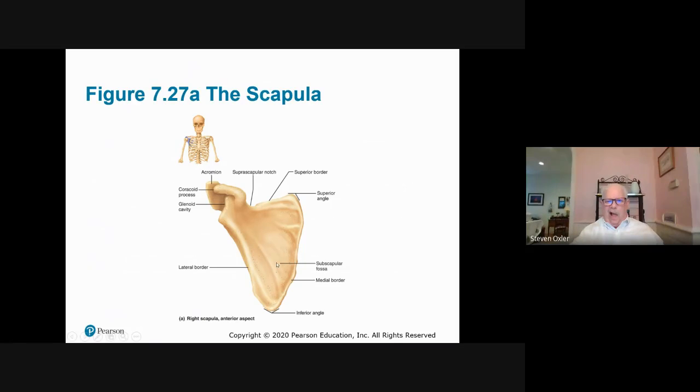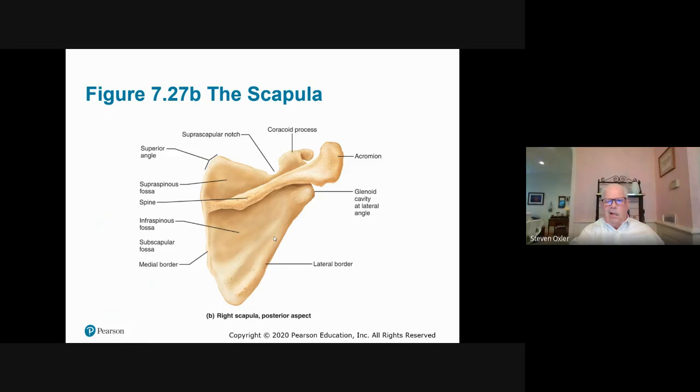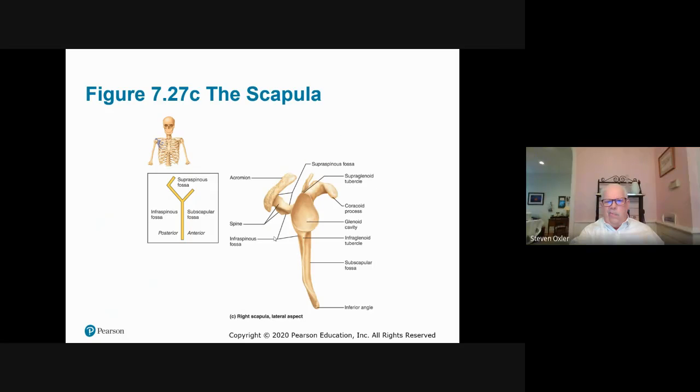But here's your scapula. It's posterior. It's a big bone, the shoulder blade, otherwise known as the scapula. Don't worry about all the other things in it. You don't have to know that. The only thing I want you to know about the scapula is that it has a cavity in it, the glenoid cavity.